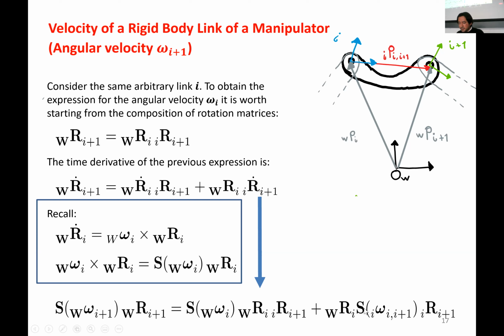And then the last term: again, we replace the derivative of the rotation matrix by the skew symmetric matrix times the rotation matrix itself. Okay, is this clear?